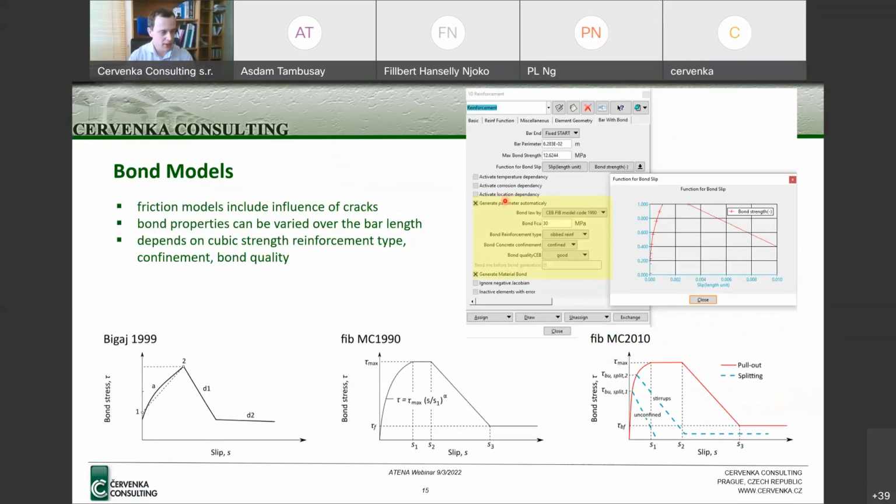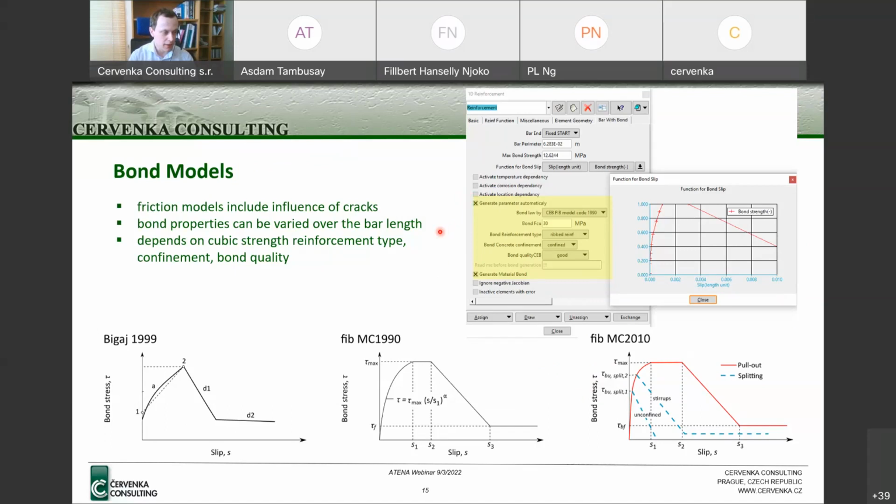One last thing which is defined during this preprocessing of the reinforcement is the function for the bond slip law.